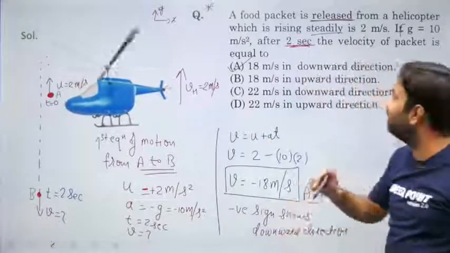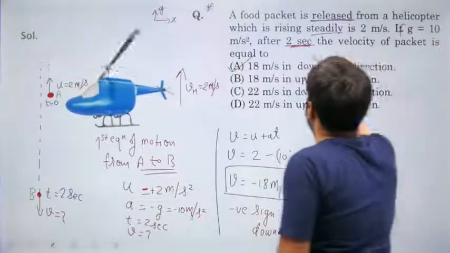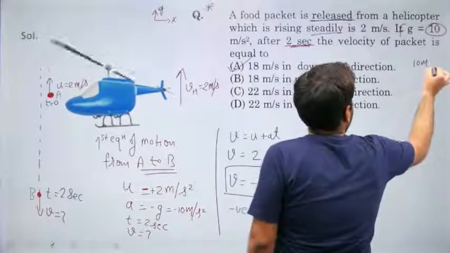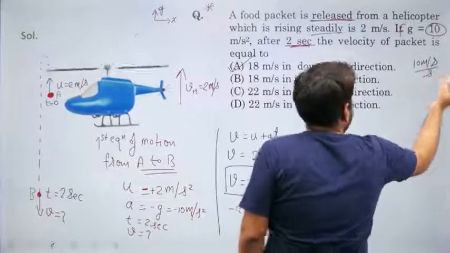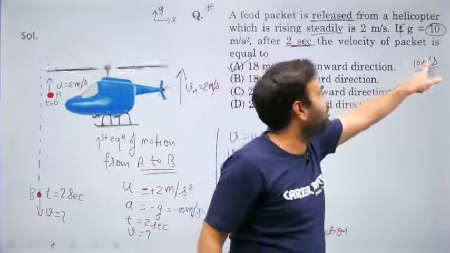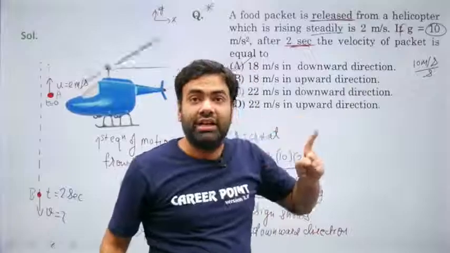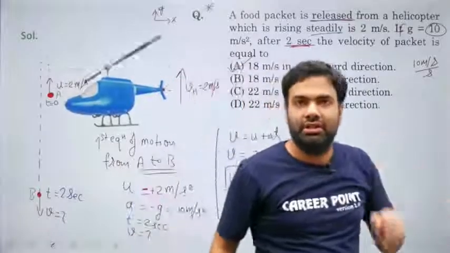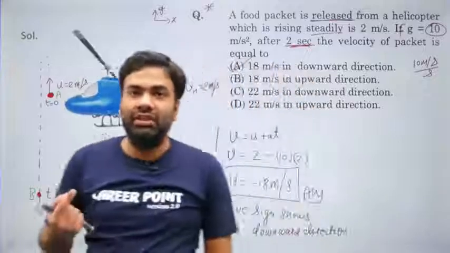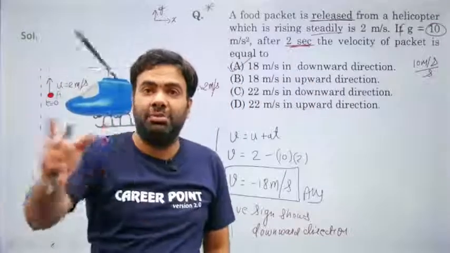What is the meaning of 10 meter per second square? It means that in 1 second, the change in velocity is 10 meter per second. So in the first second, its velocity will increase in downward direction by 10 meter per second.